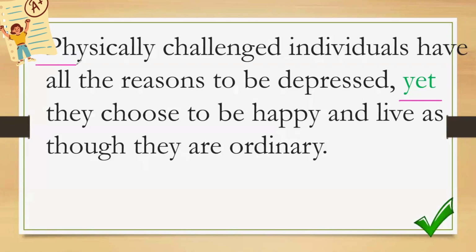Now, physically challenged, depressed, but in here we have happy, right? So from the word depressed, the second idea is happy. This shows us that these two sentences are actually contrasting. That's why we use yet, not so.